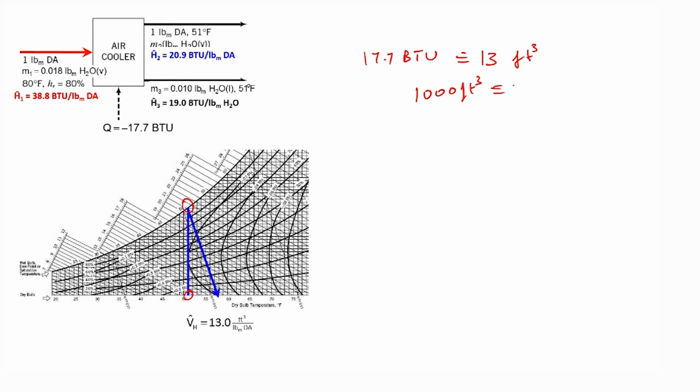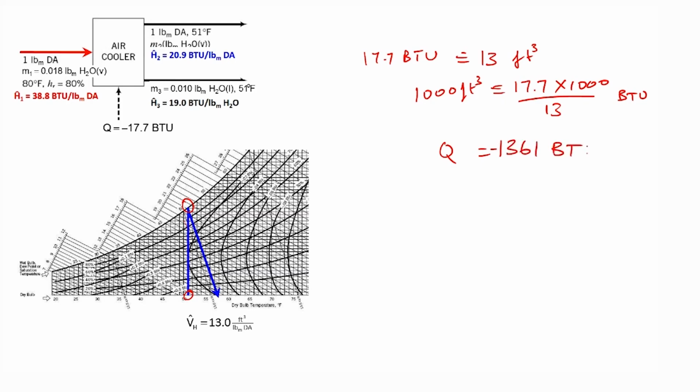To produce 1000 feet cube, we need to remove 17.7 times 1000 divided by 13 BTU of heat. So, the amount of heat that needs to be removed would be roughly 1361 BTU.